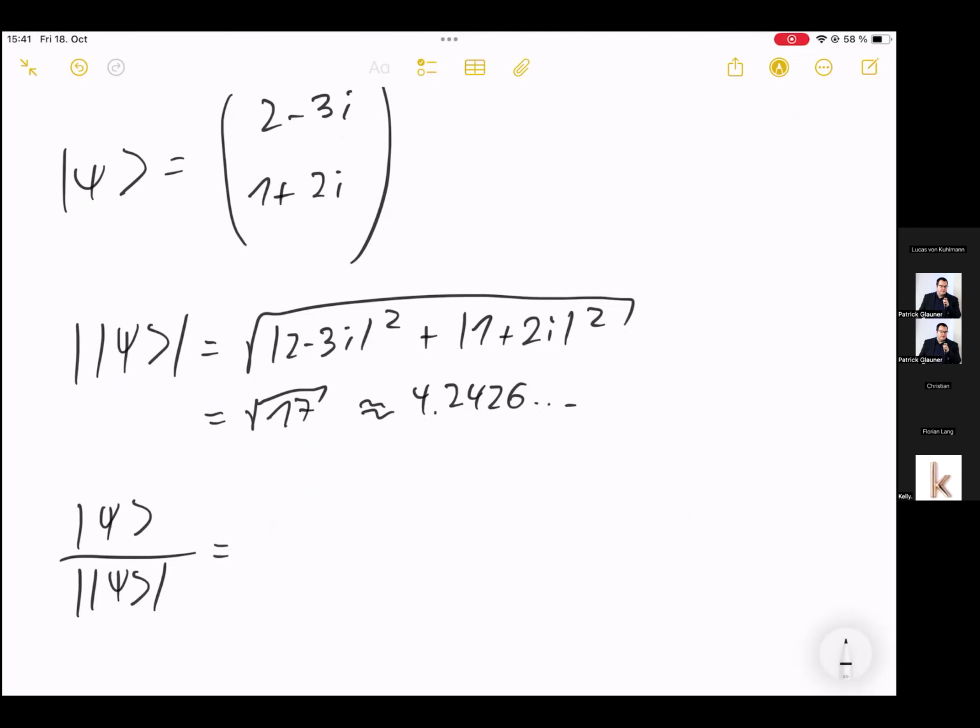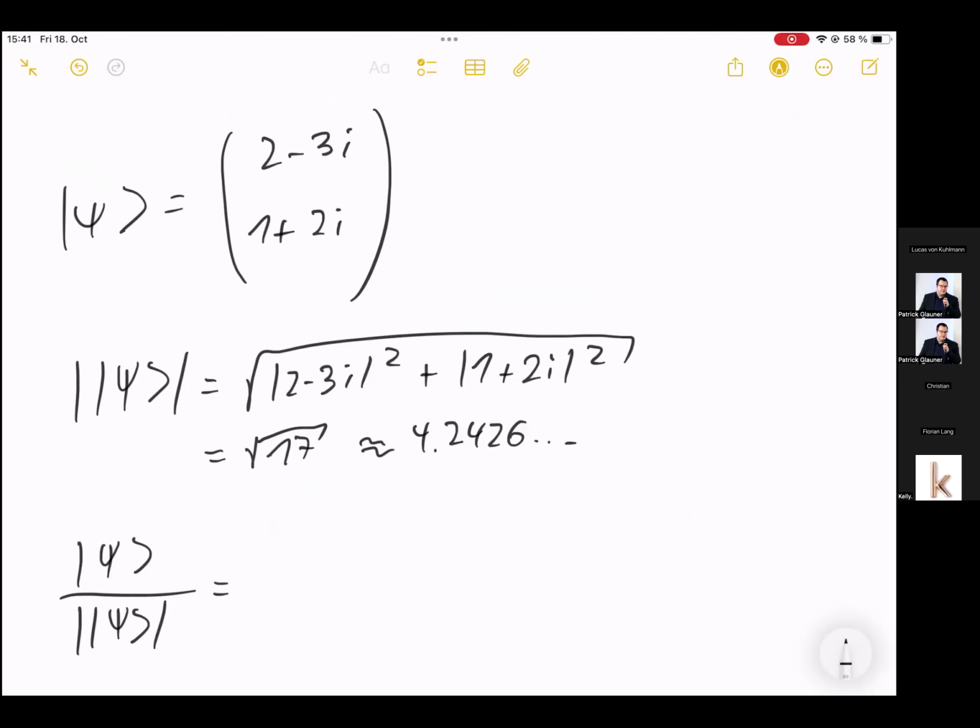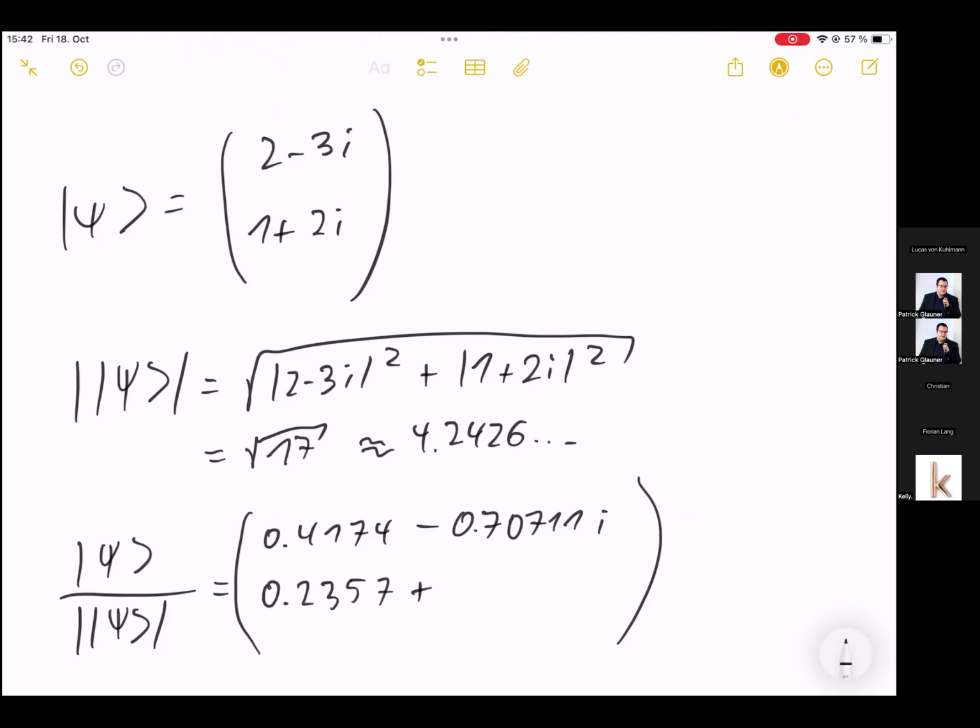And what we could get approximately is something like 0.4174 minus 0.70711i. If we just leave out the square roots now, but look at our real numbers, the next entry would be 0.2357 plus 0.4714i. Something like this, as an approximation.